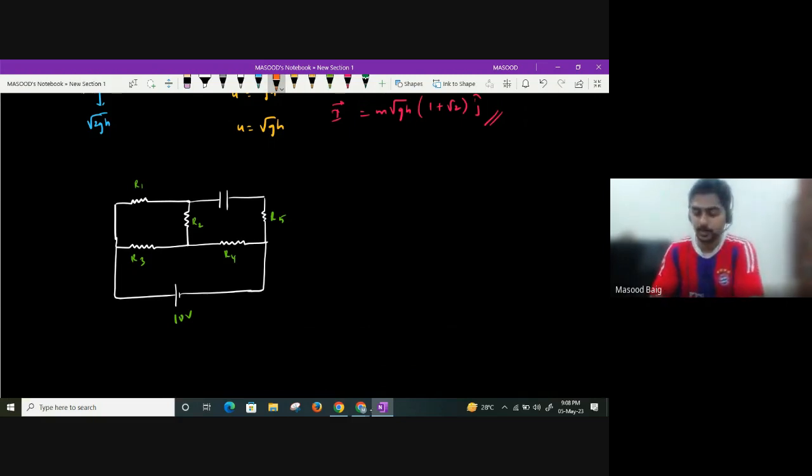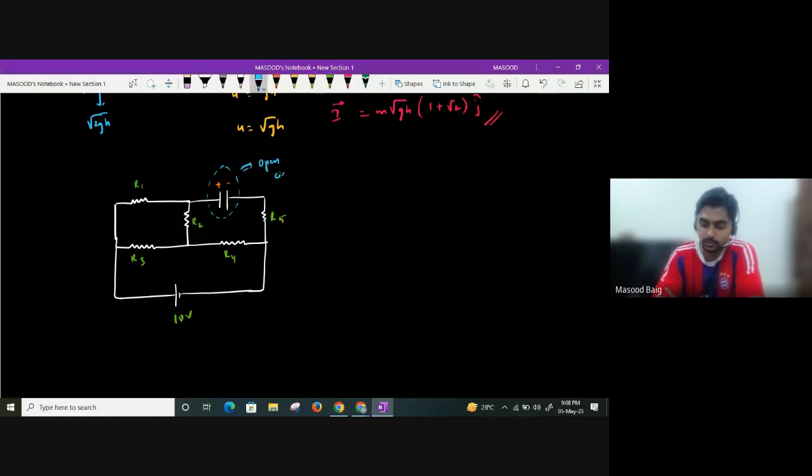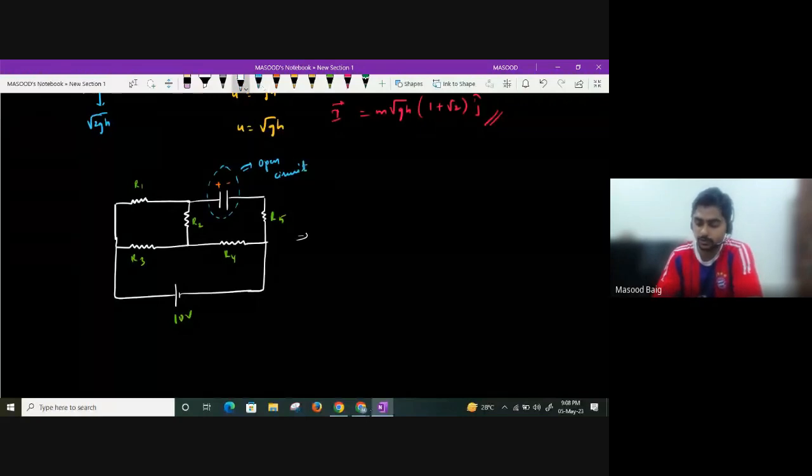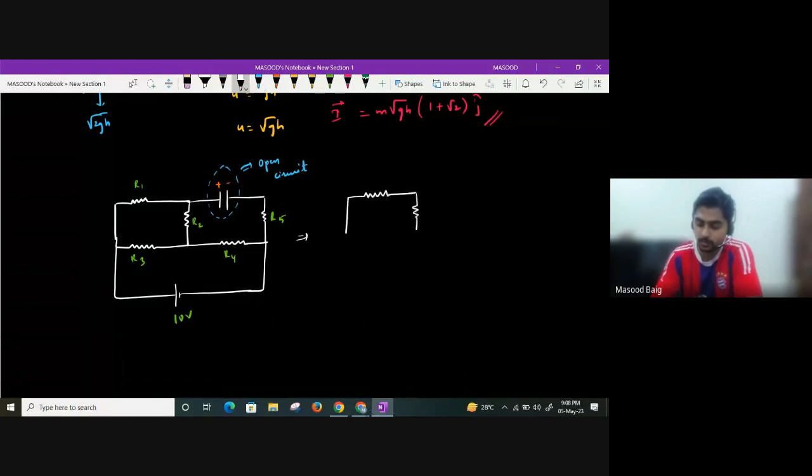Whenever the capacitor is fully charged, if I give charge, will it be able to take charge? No, it will say, I'm not going to accept. Fully charged happens in the steady state situation. Because it is fully charged, it will behave as an open circuit. So we are simply going to open the circuit. Then I'm going to have R1 here, R2 here, R3 here, R4 here.